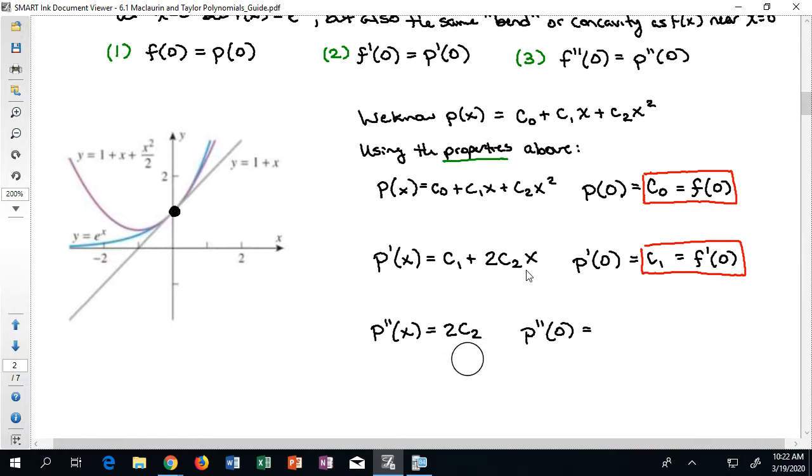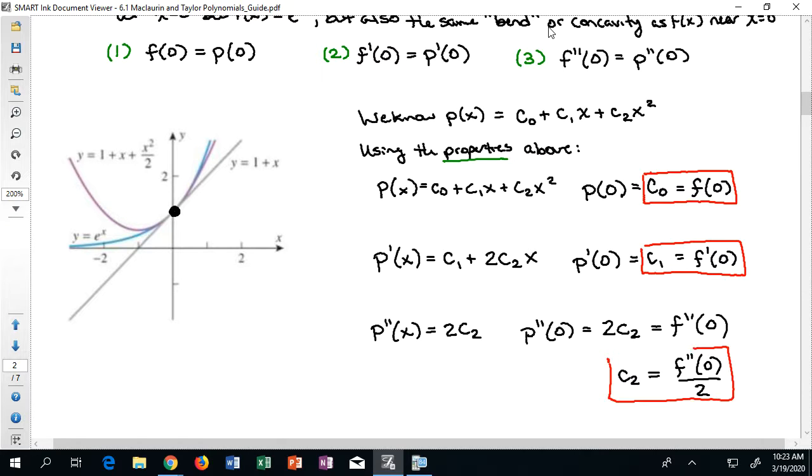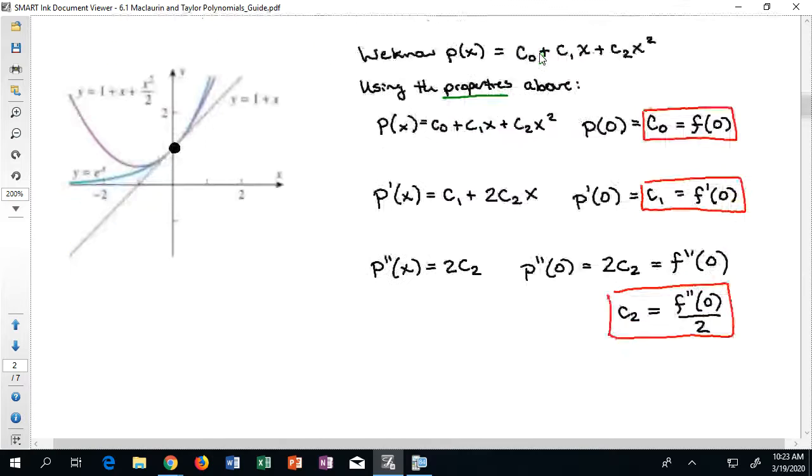So there's nothing I can go ahead and actually replace with 0. So this is just 2c2. And I want that to be equal to f double prime of 0. So notice I don't have a formula yet for c2, but it's pretty easy to find one. Because if I just took both sides of this and divided by 2, I would have a formula for c2.